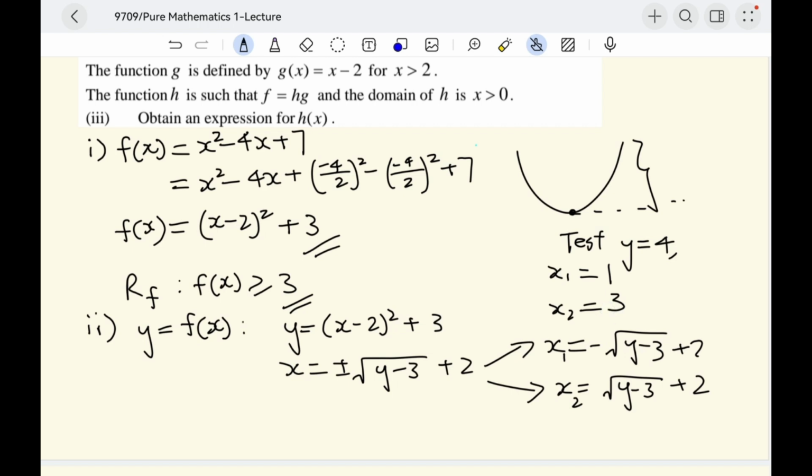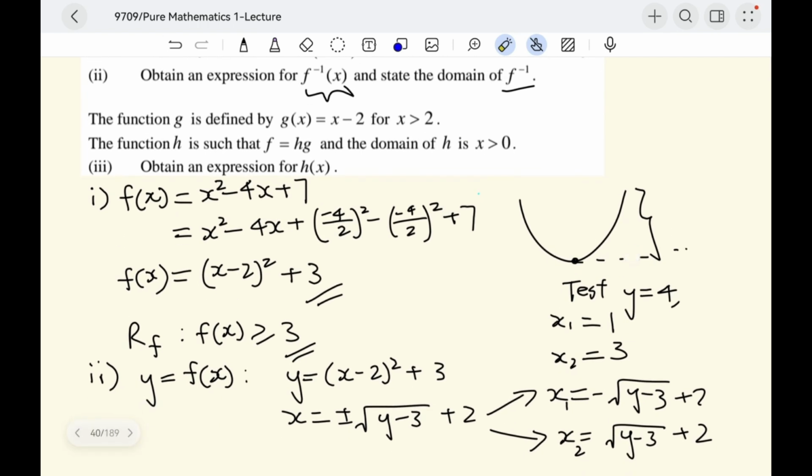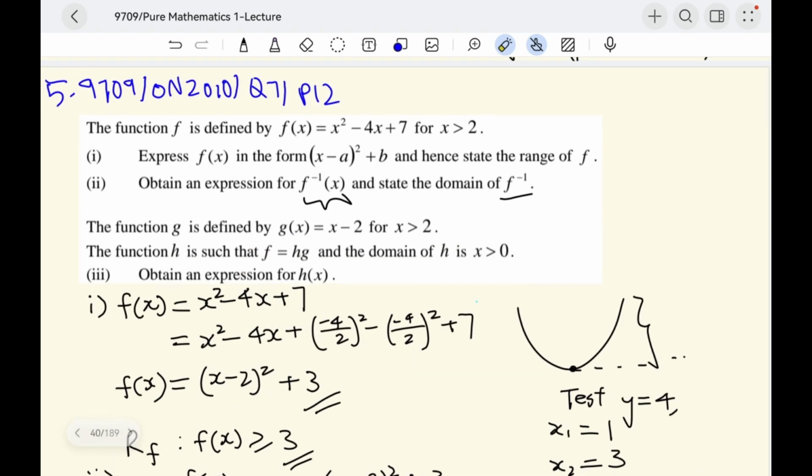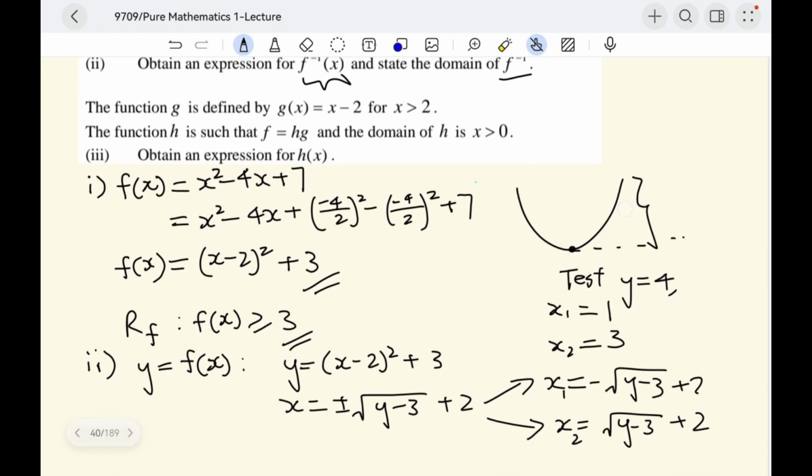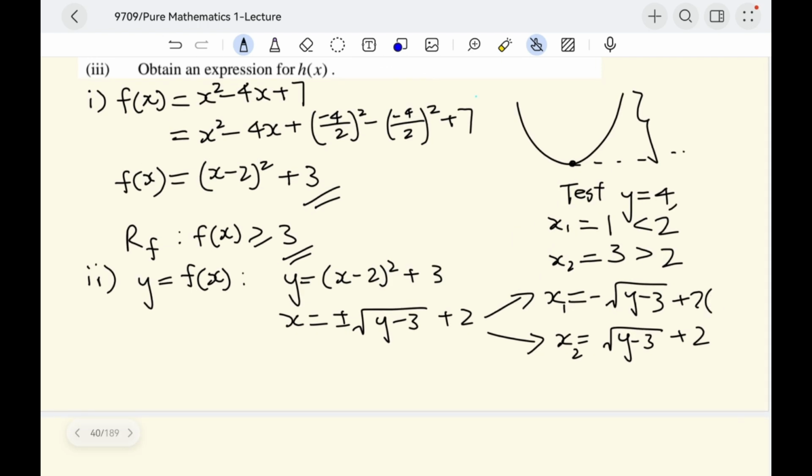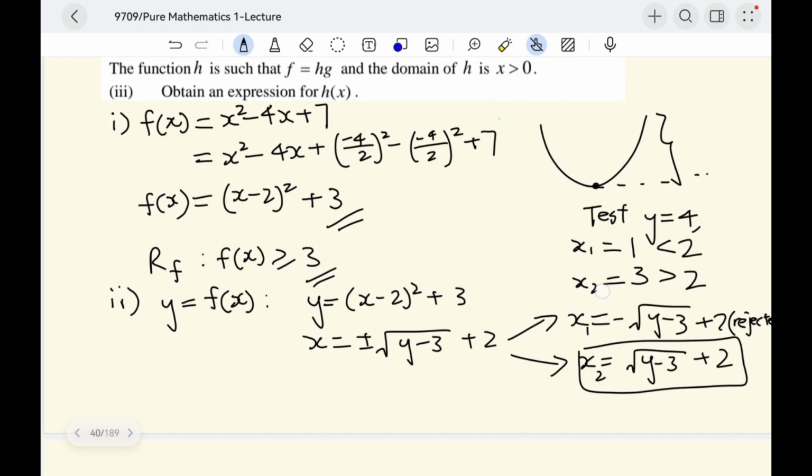So what is the domain of the function f? f is defined for x greater than 2. As you can see, the second one exceeds 2, whereas the other side does not exceed. So the first one is not acceptable for the negative case, which means we need to take the positive as our inverse function.